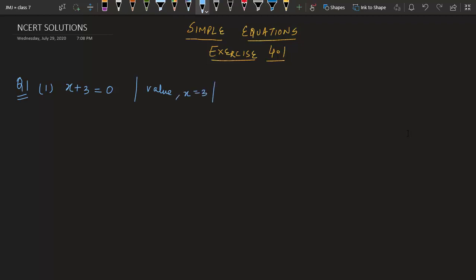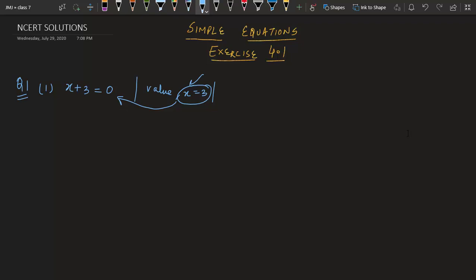The third column that we have to fill, we have to tell whether the equation is satisfied or not. We have to tell whether this value x equal to 3 is satisfying our equation or not. For that, we just have to put this value of x in the left hand side and check whether the answer that we are getting is equal to RHS or not.